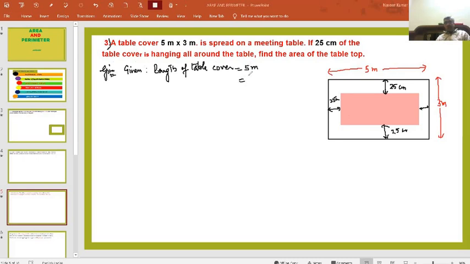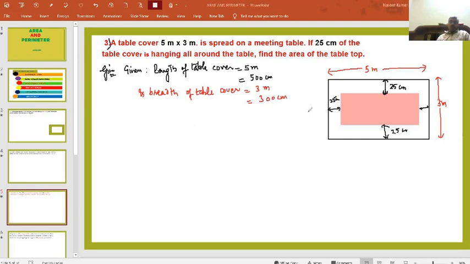Convert it into centimeters. How many centimeters are there in 1 meter? 100. Therefore, 5 into 100, 500 centimeters. And the breadth of the table cover is equal to 3 meters, 3 into 100, 300 centimeters.